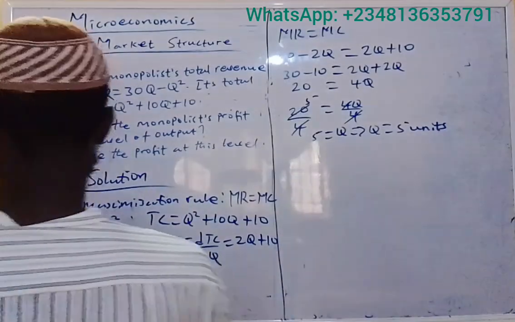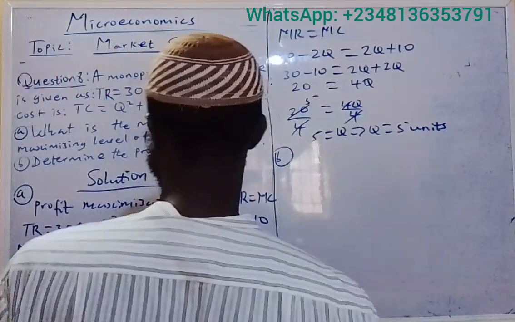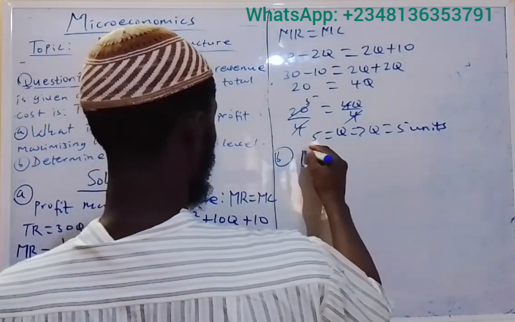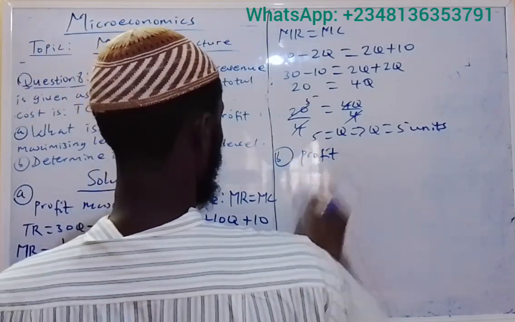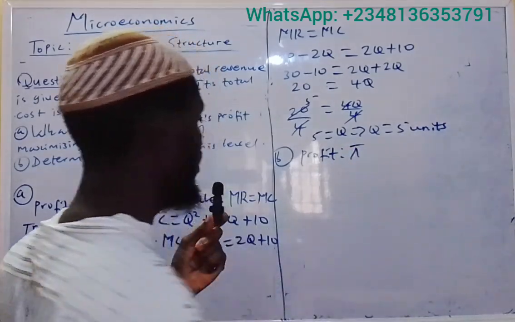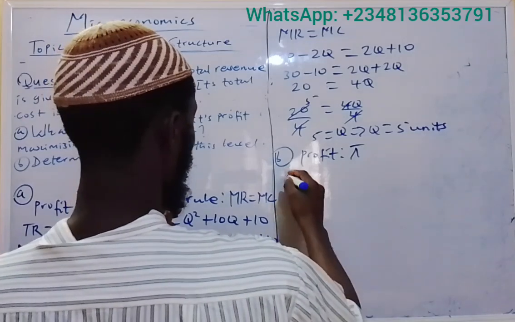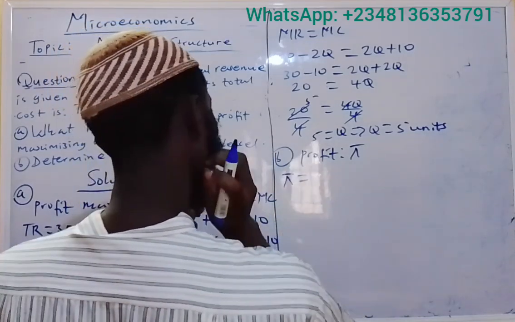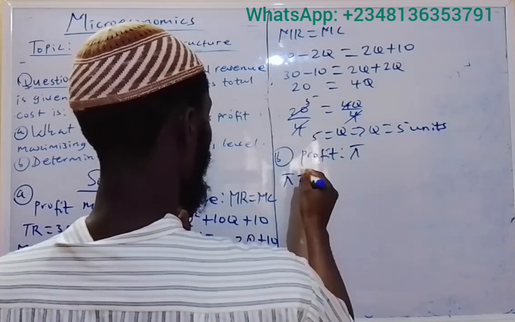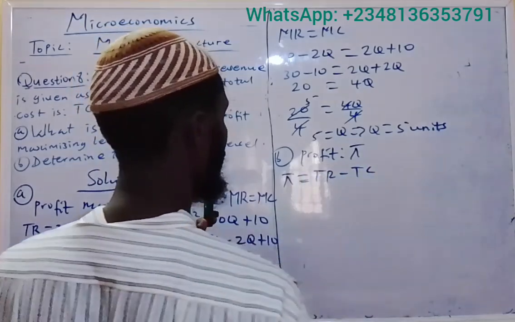So this is question A. Then question B says we should find the profit. That is very simple. Find the pi. So pi represents our profit here. Don't forget the formula for calculating profit: pi represents profit, that is profit equals total revenue minus total cost.